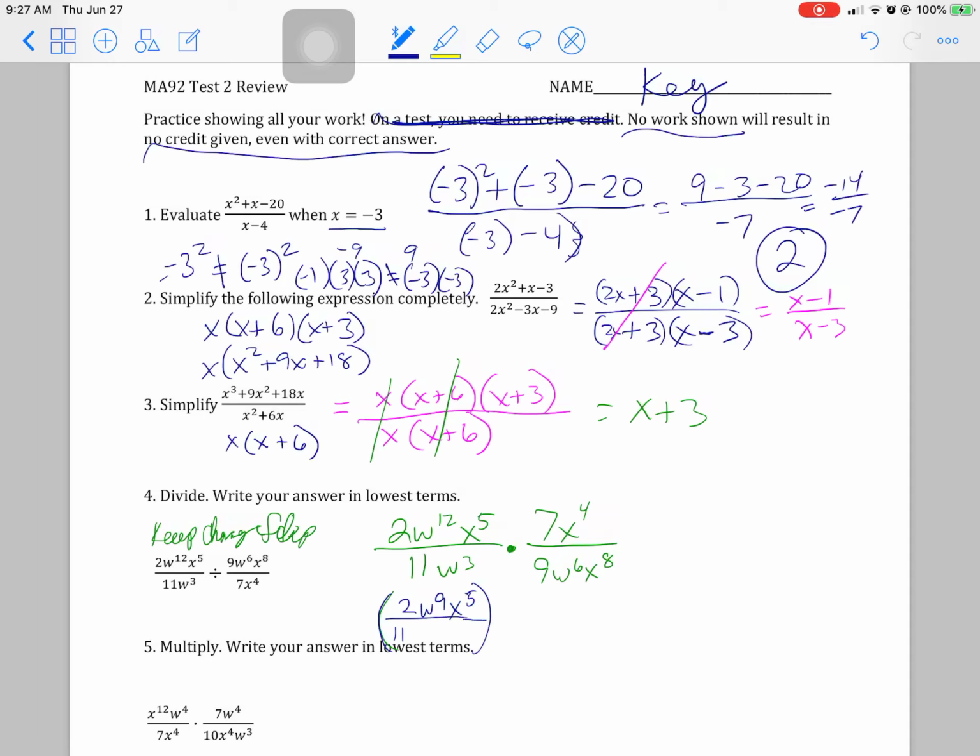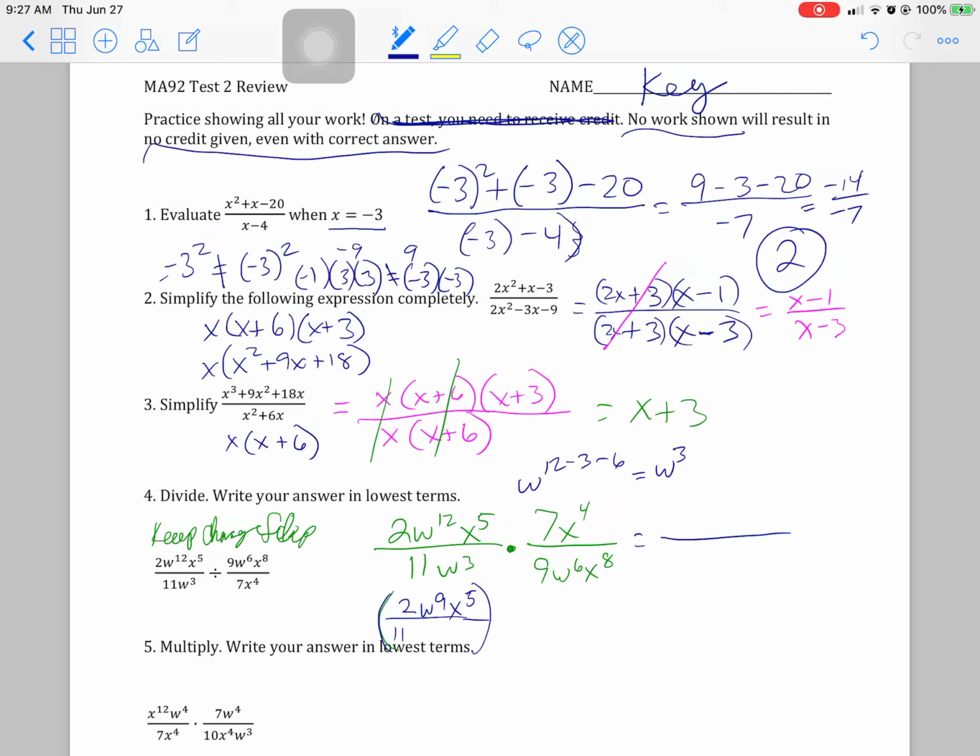If you didn't do it first, let's write this out: w^12 minus 3 minus 6. So that's minus 9, so still to the positive 3.